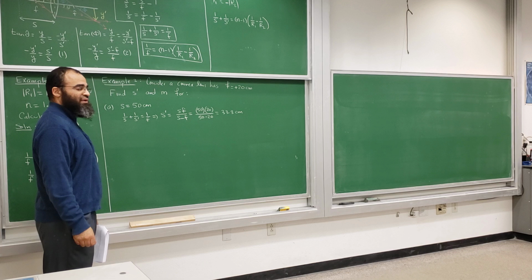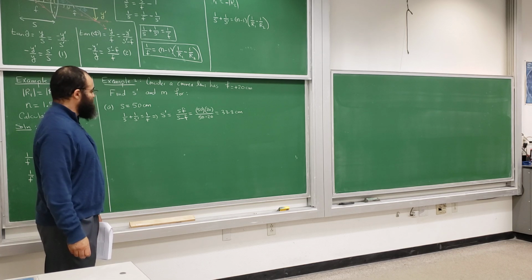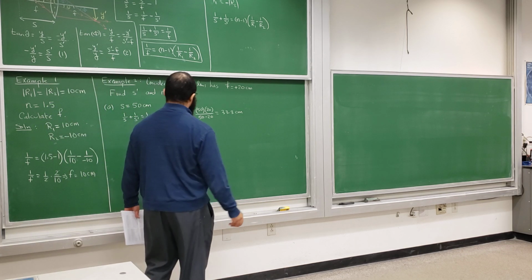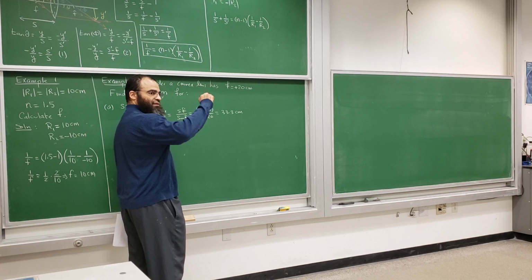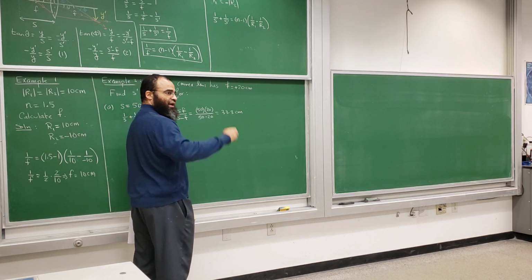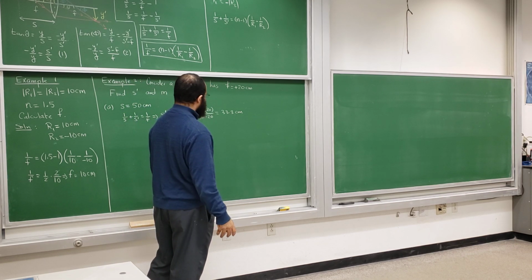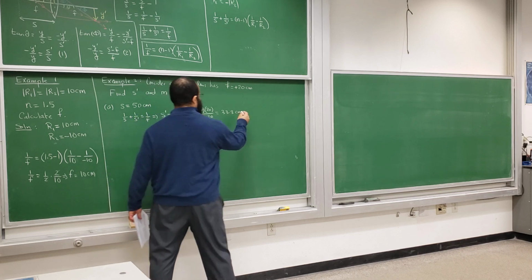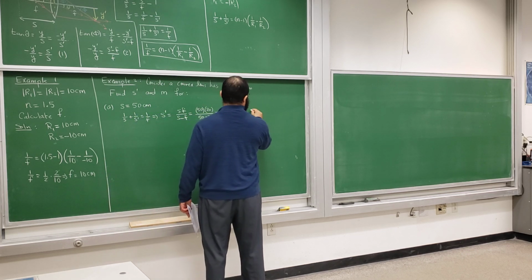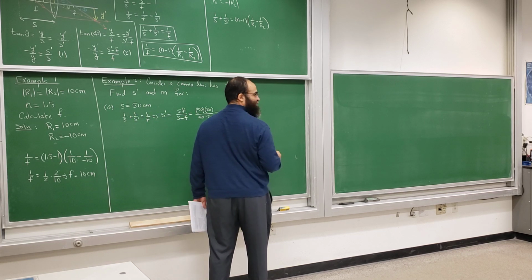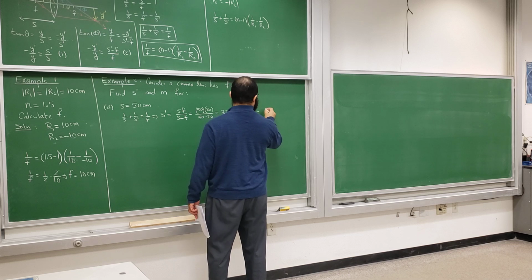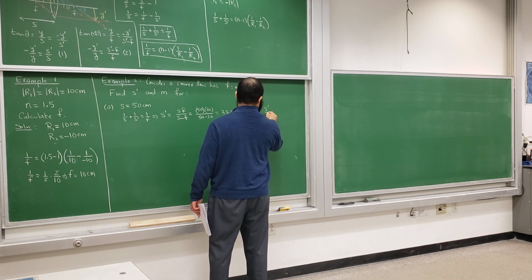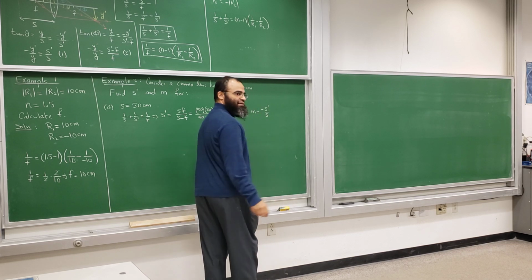Now the magnification, or the ratio of the two heights. Do you remember what it was? Image distance. It's S prime over S, but there was a minus sign.